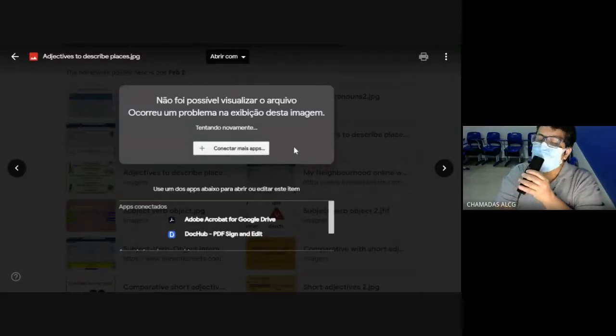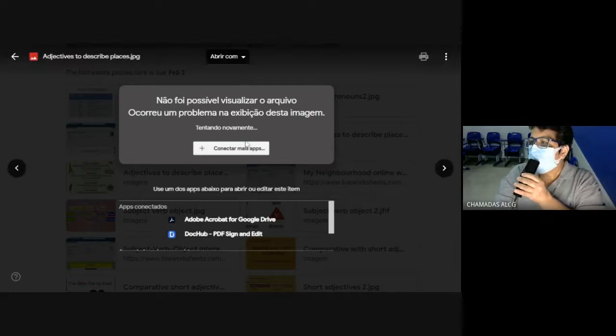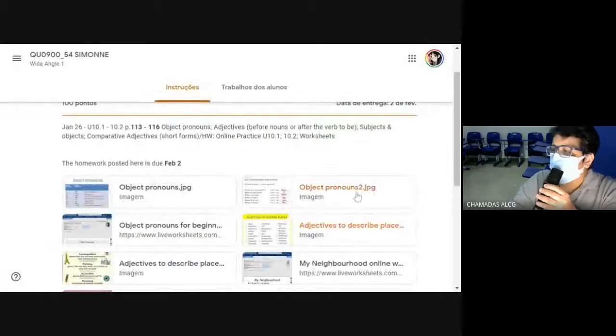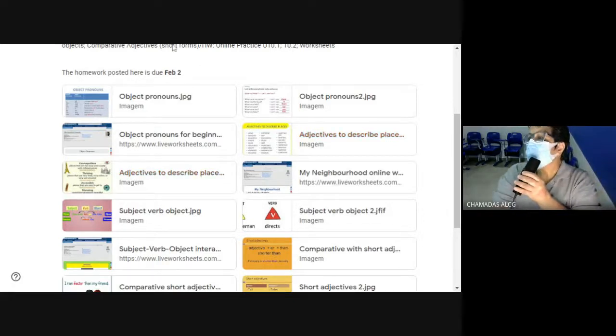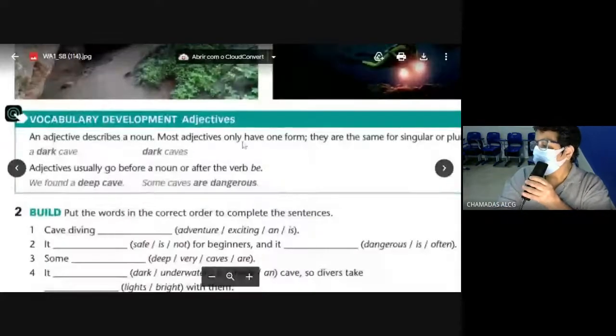As usual, our connection doesn't permit opening the file, but it's there for you, okay? Afterwards, you can open the file. There is one file here and another file here, so you can see later on. Let me share again.